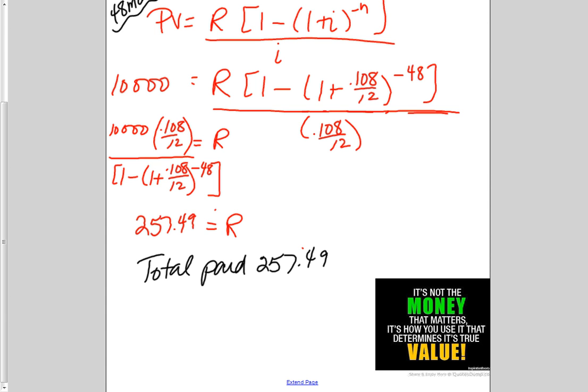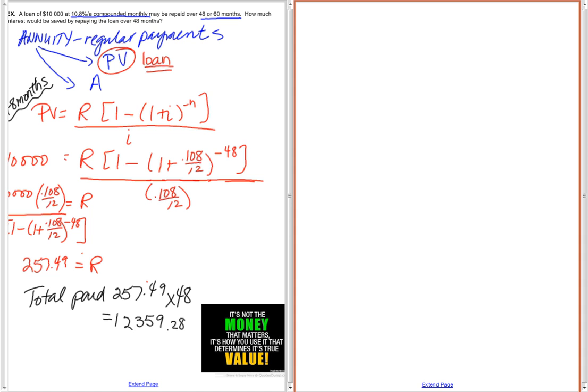So for the 48-month scenario, you are paying $257.49 for 48 months. So the total that you're going to pay is $12,359.28. Let's compare that to the 60-month scenario.